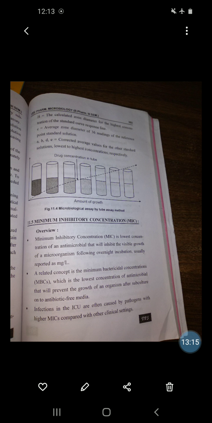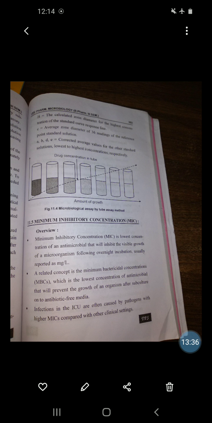Then a related concept is the minimum bactericidal concentration, that is MBC, which is the lowest concentration of antimicrobial that will prevent the growth of an organism after subculture onto antibiotic-free media.